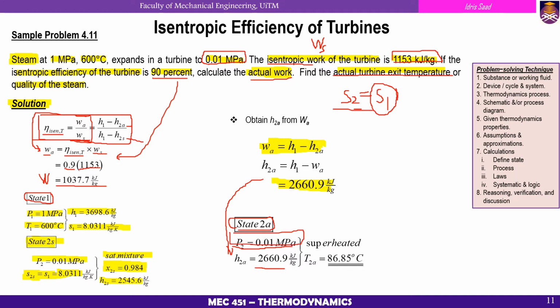We have to find the value of 2660.9 for the enthalpy, and from that we can get the temperature. In this case, you have to do the interpolation to get the value of T2A, which is equal to 86.85 degrees Celsius. Okay, so please do this sample problem again in order for you to understand how it works.